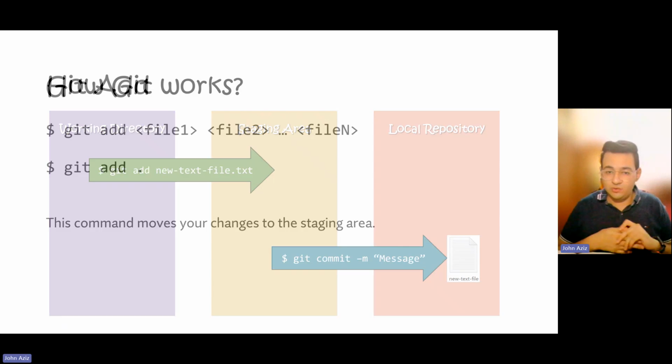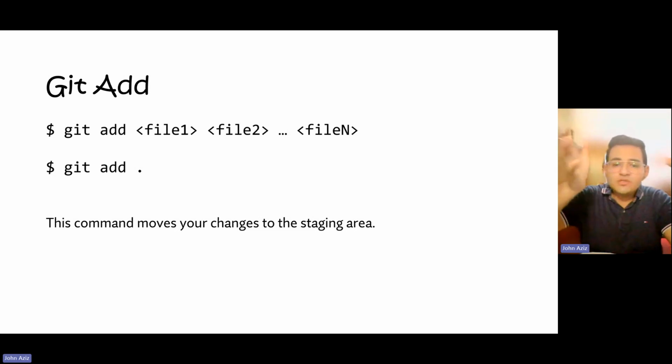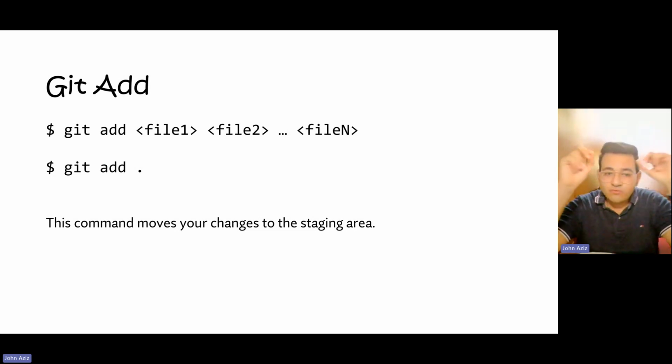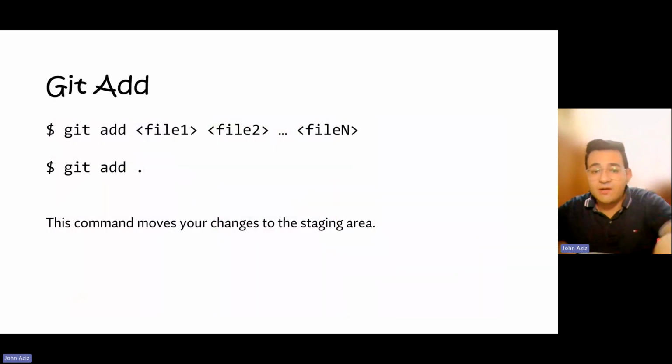Again, git add, we can use this command two ways. The first one is to give it the name of the file only, git add and then the name of the file that has been modified, or the name of a file and another file beside it and another file beside it, and so on.